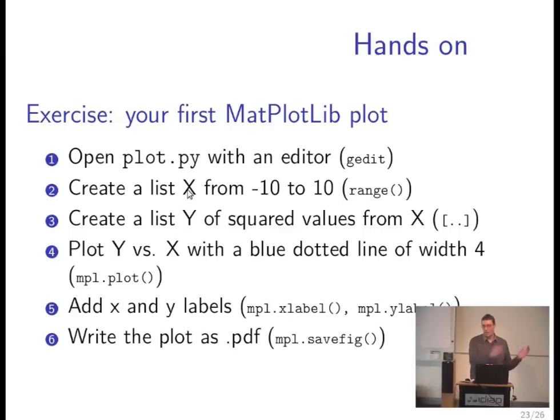We create a list from -10 to 10, maybe using the range function. We create a list of squared values from x. And we plot y versus x with the blue dotted line of width 4 using the plot function. We add x and y labels, and we write the plot as PDF.